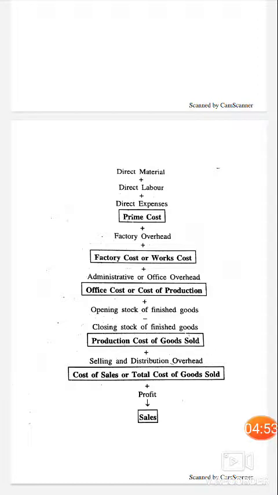Then we will add profit in cost of sale or cost of total goods sold. After adding profit in cost of sales, we will get total sale volume.